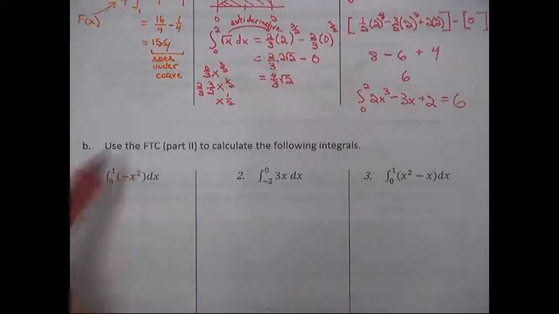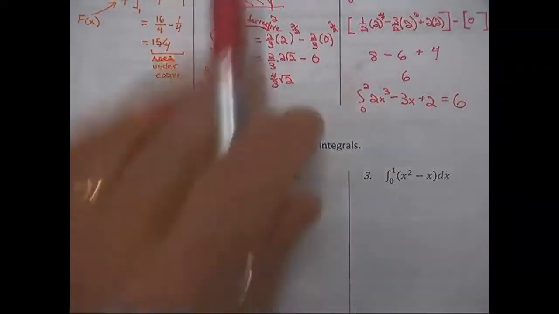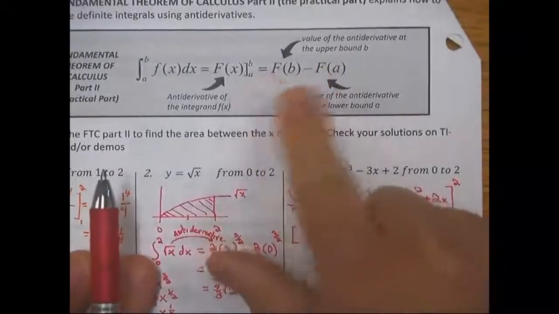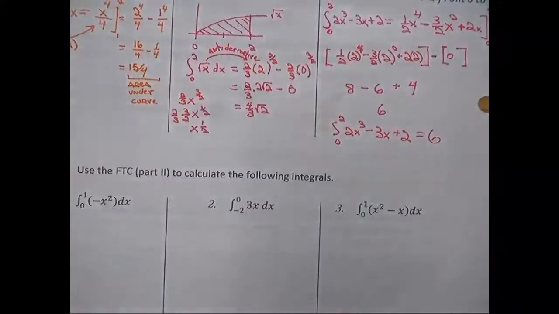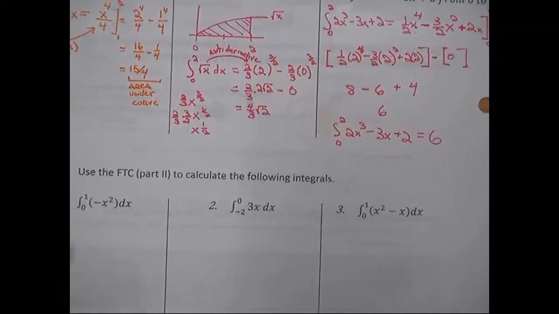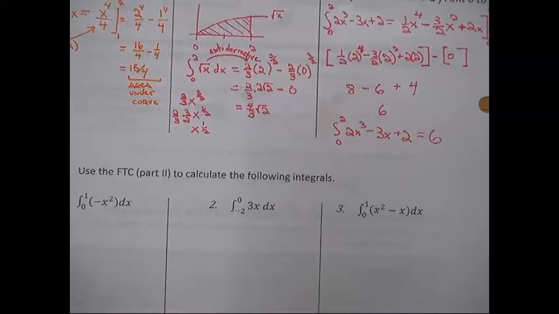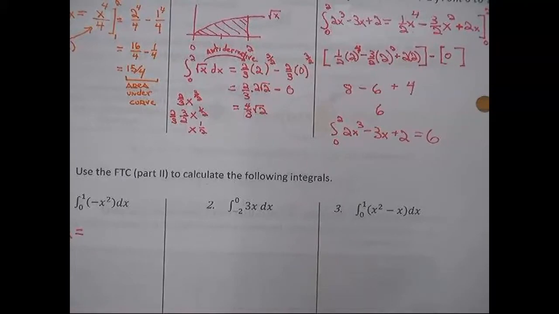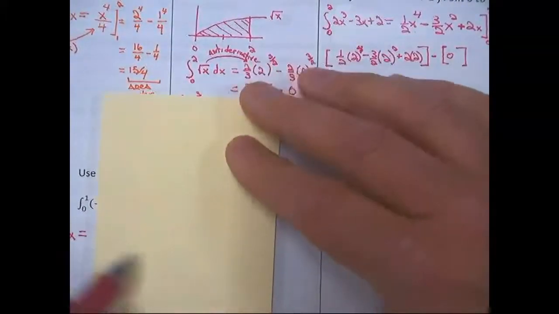Okay, so use the fundamental theorem of calculus part 2, which is how you evaluate an integral, to calculate the following integrals. All right, so now you have to figure out what's the antiderivative of negative x squared.